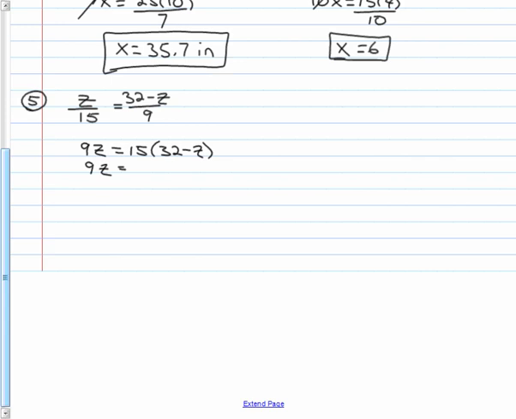I'm sorry, say it again. 480 minus 15Z. Next. Add 15Z, so how many Z's? 24Z equals 480. Z equals, is it 20? 20.